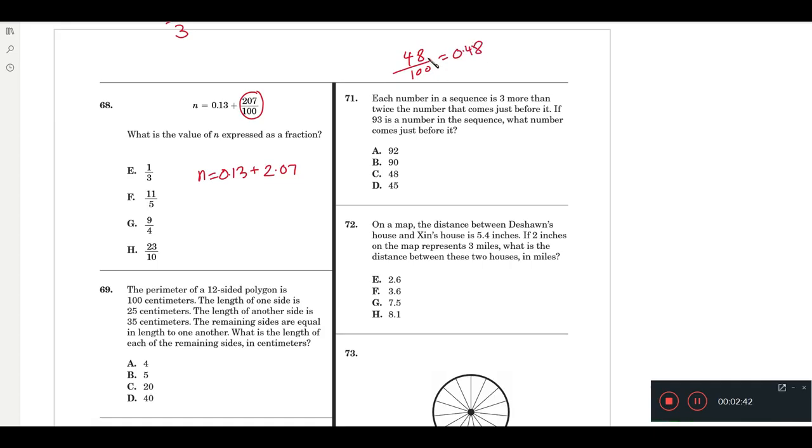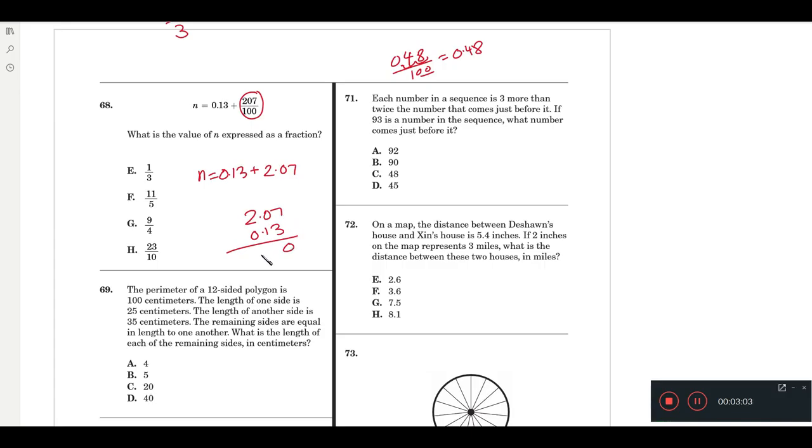The decimal moves two places to the left because of the 2 zeros in 100. Now we just add 2.07 plus 0.13. That's pretty simple addition. You get 2.20.